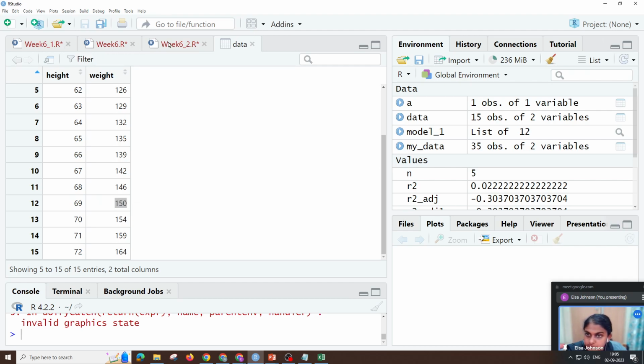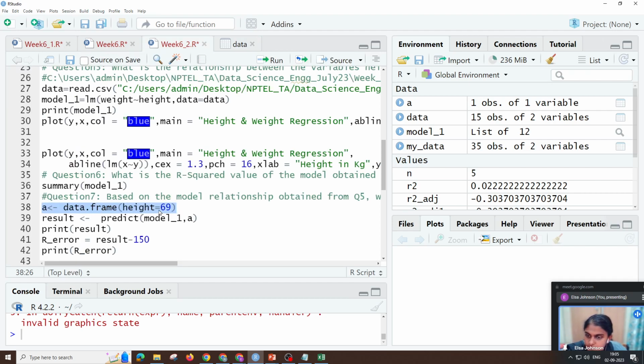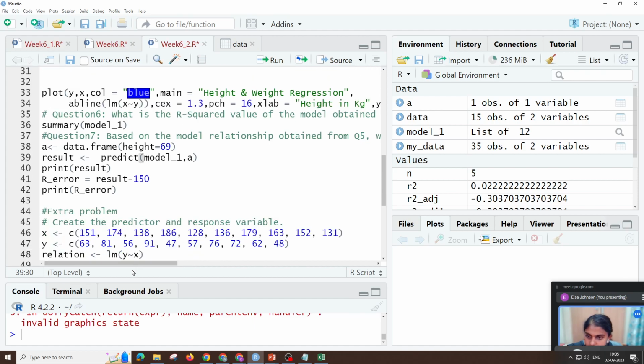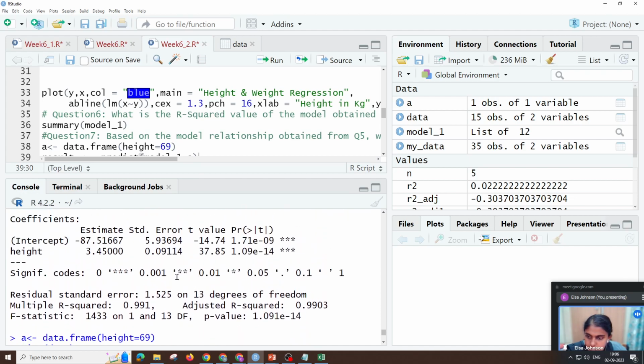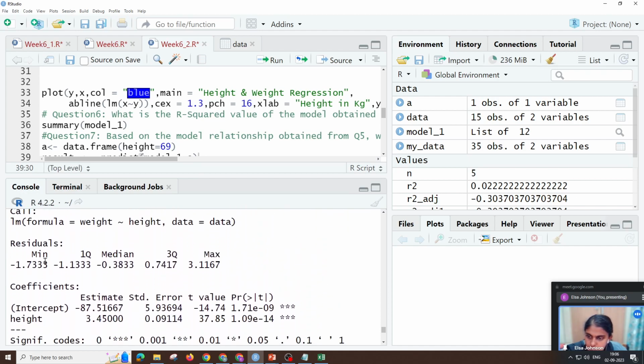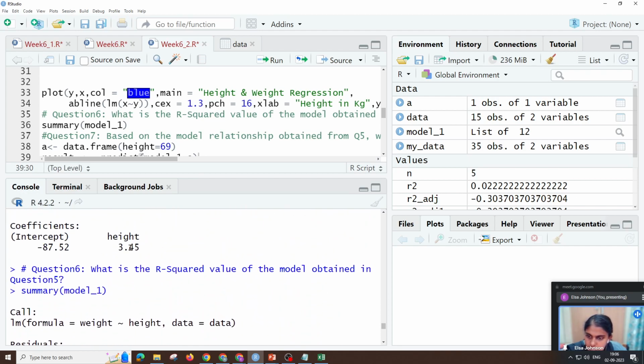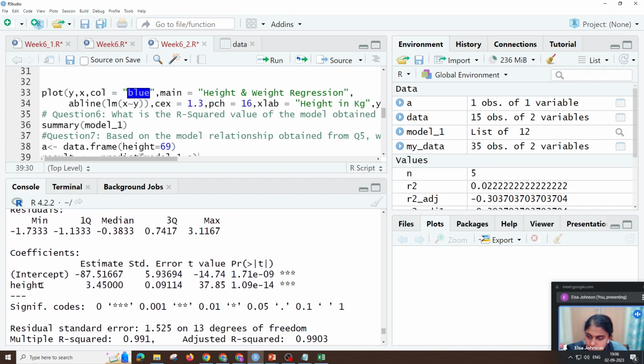First I formed a data frame A, then I am using model 1. Model 1 is a linear regression with the intercept and the beta 1 value for height.